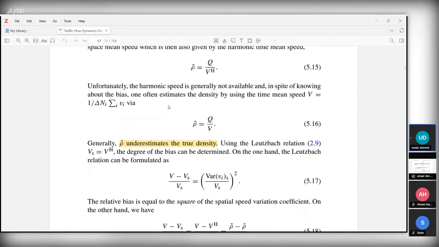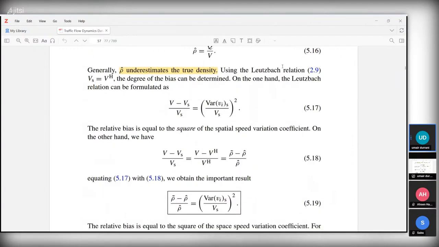Why underestimation? Because we know that from the Lutz-Bach relationship, the time mean speed is always going to be greater than the space mean speed. So if this value is greater, that will reduce the density, and so it is underestimating the true density.